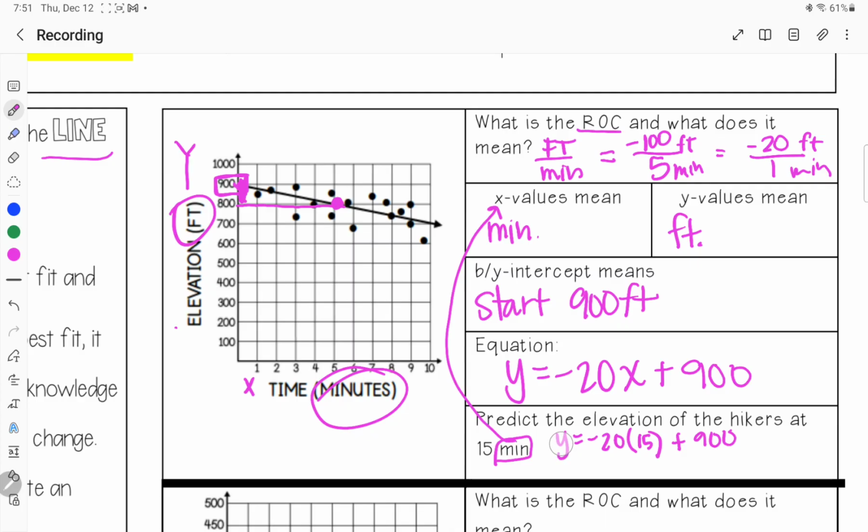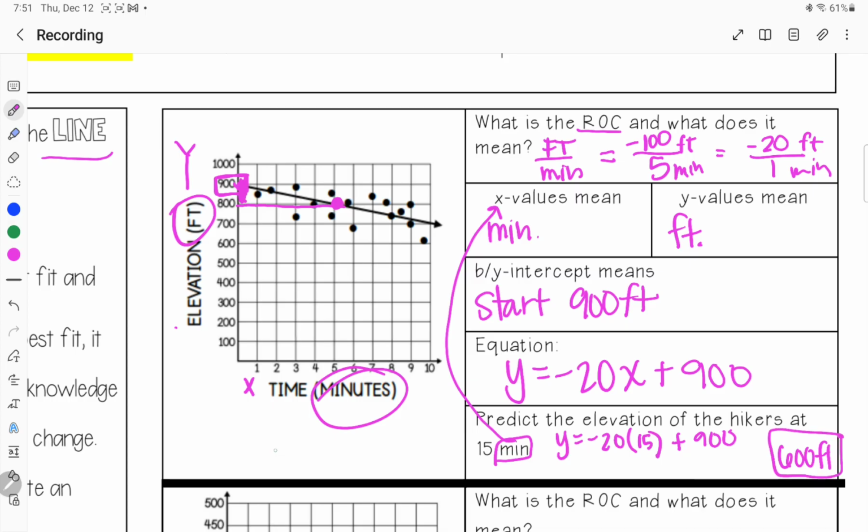I need to solve for y. Y is already by itself, so I can just plug this whole thing into my calculator: negative 20 times 15, and then add on 900. What this tells me is that after 15 minutes, I would be at 600 feet.